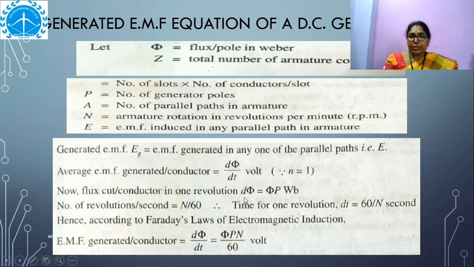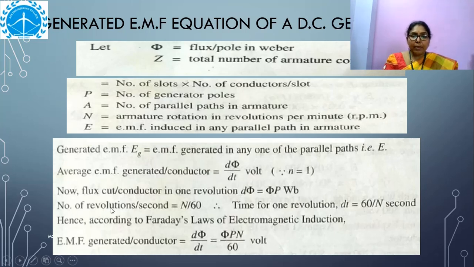For one revolution, the flux cut is d phi, nothing but how many poles will be there in one revolution. So P is the total number of poles. So the flux cut per conductor, suppose if we consider one conductor, that conductor will cut the flux given by d phi, nothing but phi into P, because for one revolution there will be P poles, and this is represented in Webers.